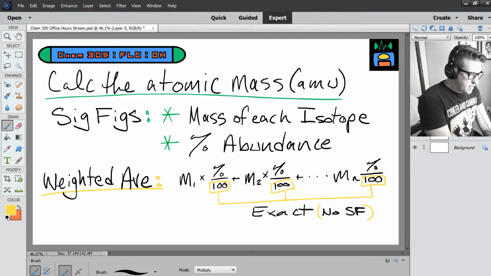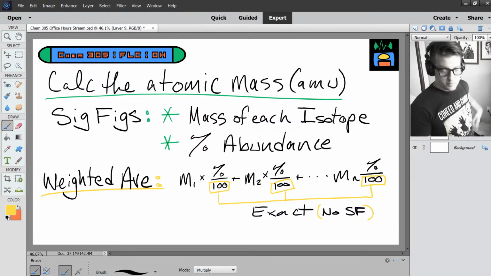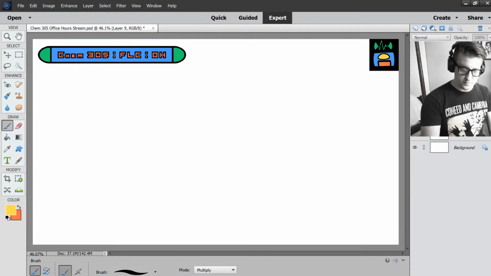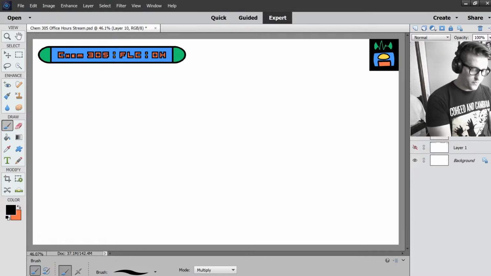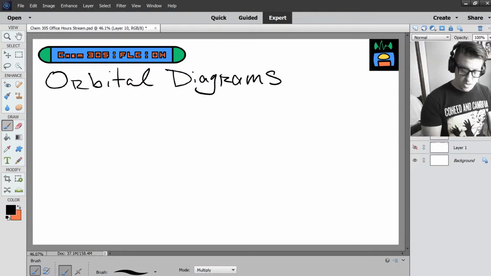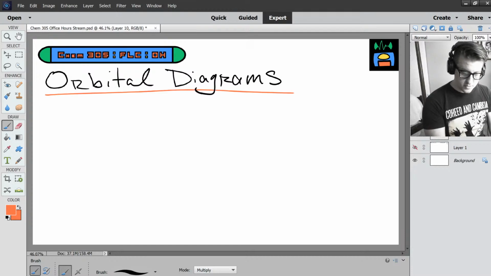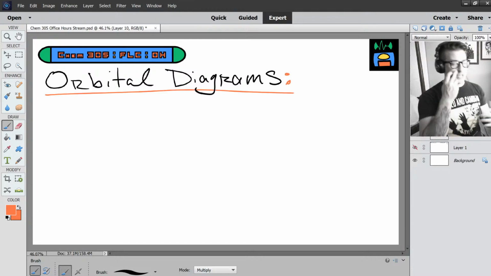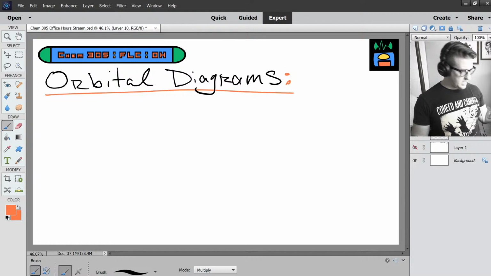Kate, let's see, when doing the orbital diagrams, how do you know how many lines to do with each block? Okay, Kate, great question. Whenever you're doing orbital diagrams, and you're wondering, okay, we've got the S block, the P block, the D block, the F block.